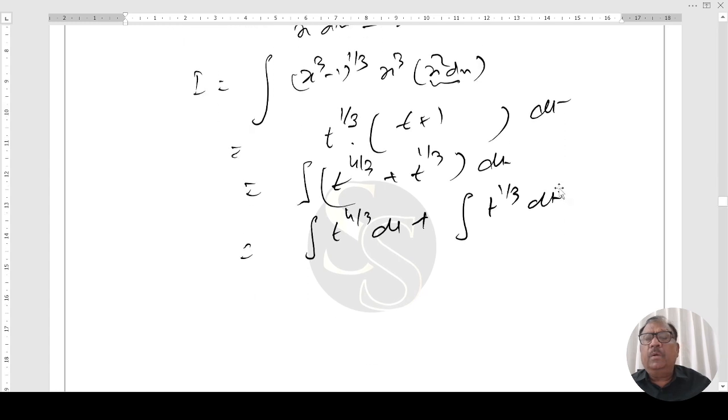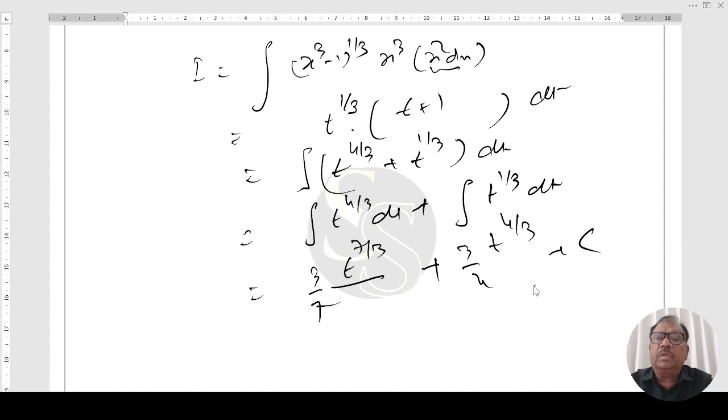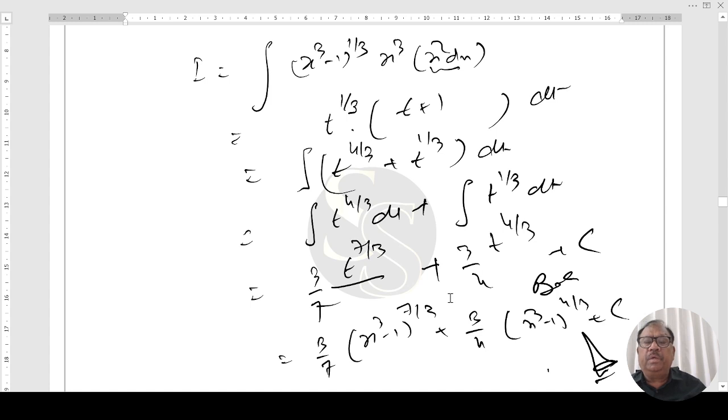Right? Now, simplify it. t की पावर 7 by 3 upon 7 by 3 means 3 by 7 plus t की पावर 4 by 3 upon 4 by 3 means 3 by 4 plus c. Back substitution, हमने पुट किया गया था x cube minus 1 equal to t. So 3 by 7 x cube minus 1 की power 7 by 3 plus 3 by 4 x cube minus 1 की power 4 by 3 plus c.